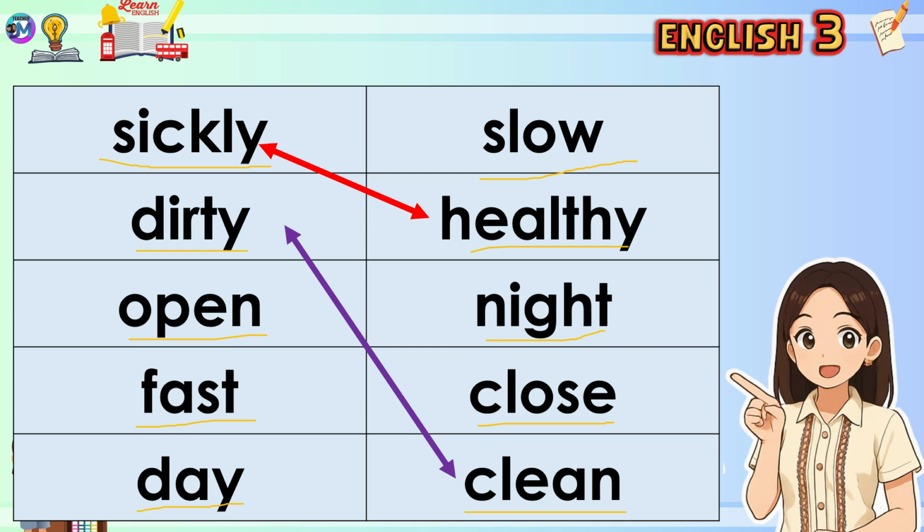Correct. The opposite of open is close. How about fast? Very good. The opposite of fast is slow. And for the day, great job. The opposite of day is night.